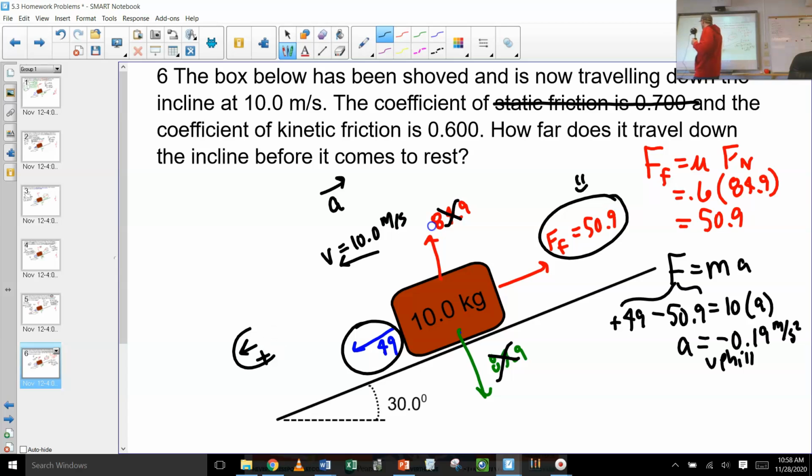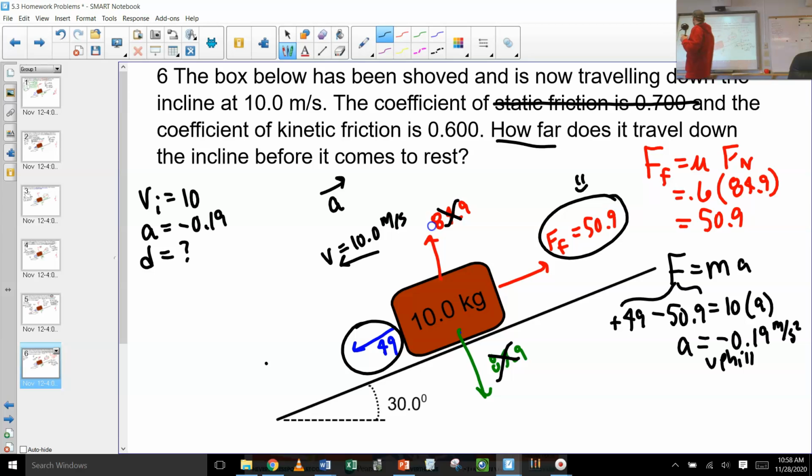So now, when I go over here, my initial velocity is, I'm shoving it down the hill, and that's a positive number, 10. My acceleration is up the hill, negative 0.19. How far? That's a displacement. Does it come to rest? So final velocity is 0.